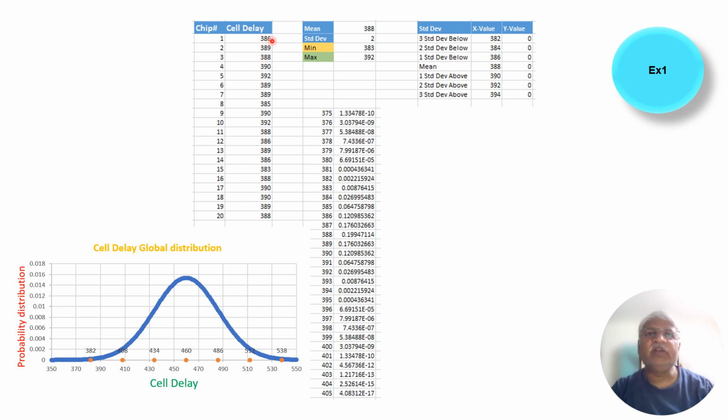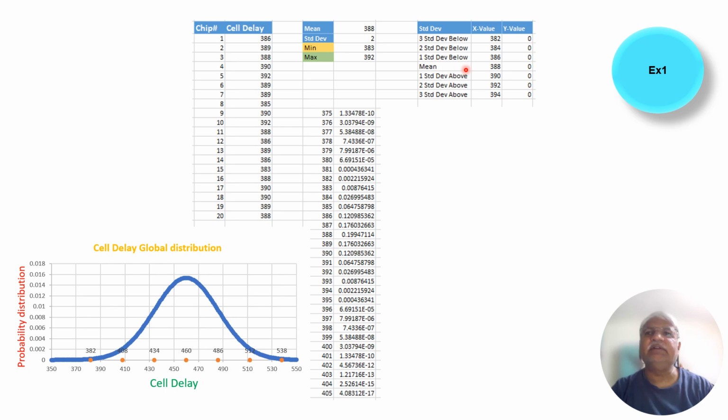So in this specific scenario, I have represented a few of the values. These are typical values, and then I computed the mean, standard deviation, minimum, maximum, and based on these values I made the Gaussian curve.